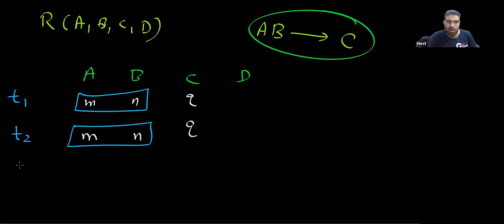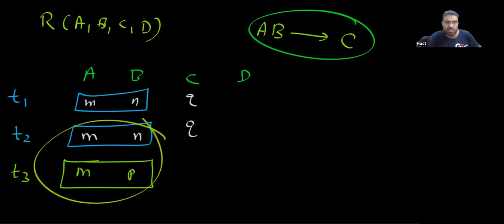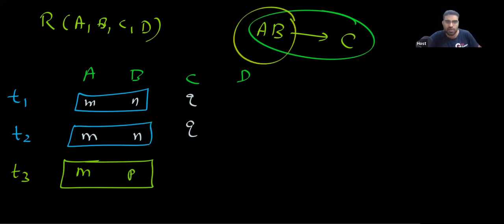What about this? If I put M here, and let's assume I put P here. Is it guaranteed that this should be Q? Do these two tuples have the same AB combination? They do not have the same AB combination.